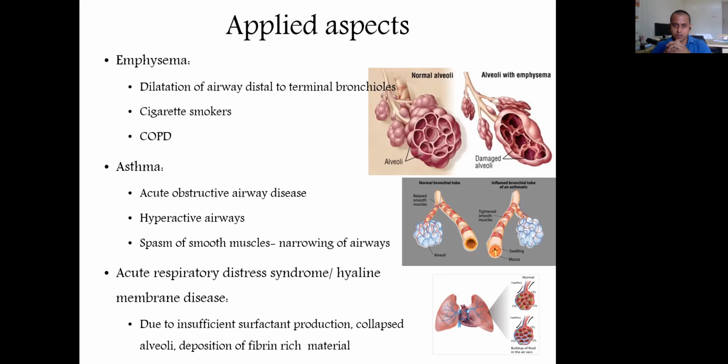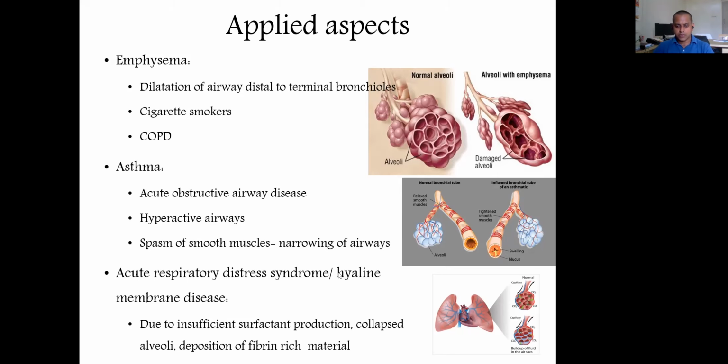When the smooth muscle is contracting, you need to remove its stimulus. So you need to give drugs which create relaxation of the smooth muscles and decrease the secretion. Those are the drugs given by inhalation, which help in increasing the lumen of the bronchus and thereby help in respiration.